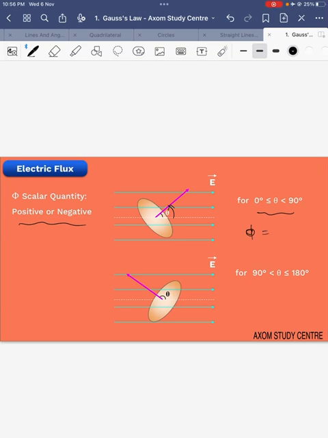The formula is phi equal to EA cos theta. If theta is between 0 and 90, it is positive. If it is more than 90, then it is negative, so phi is negative. It would be an obtuse angle because it is between 90 and 180.